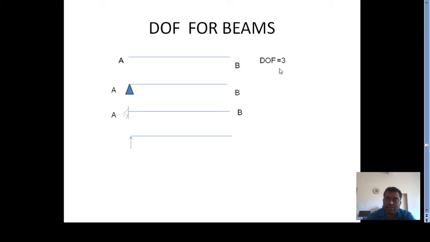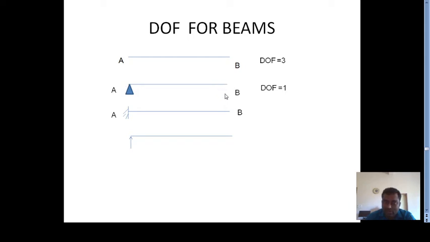Then at support B, you see the degrees of freedom is one horizontal, another vertical, then rotation. Here there is no rotation at A, so the degrees of freedom at A is 1, that is the rotation.